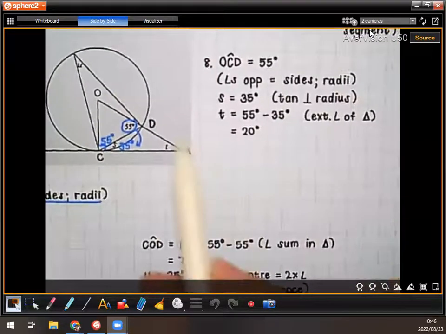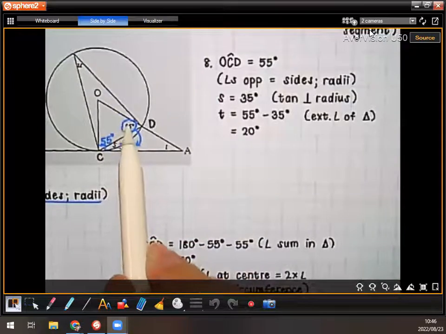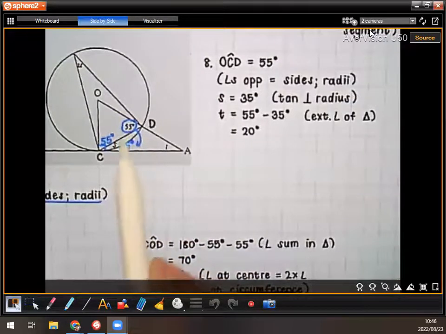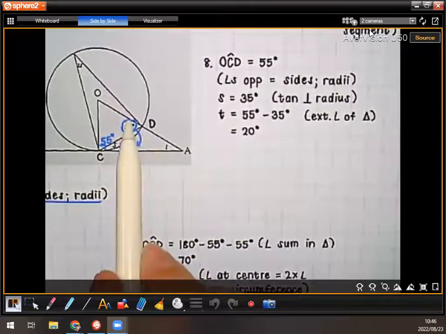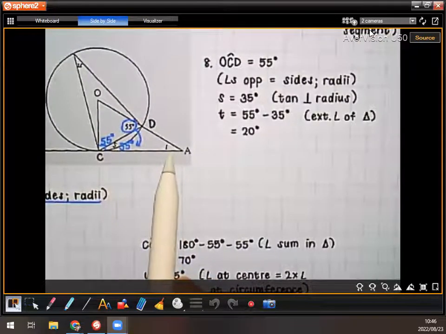Alright, just again, 55 degrees is the exterior angle there. So you can minus the interior angle that you have to get the other interior. So 55 minus 35 is 50. And then you can just say 35 because of tan chord, okay?